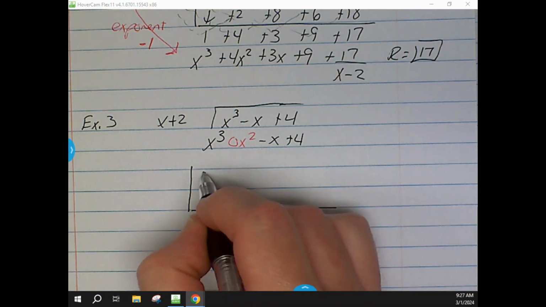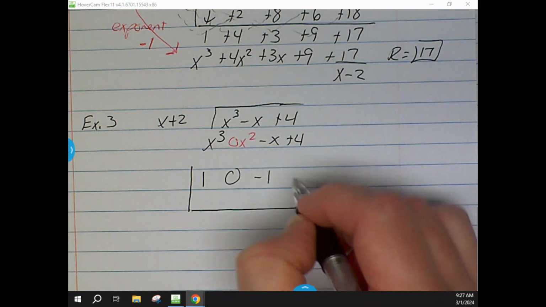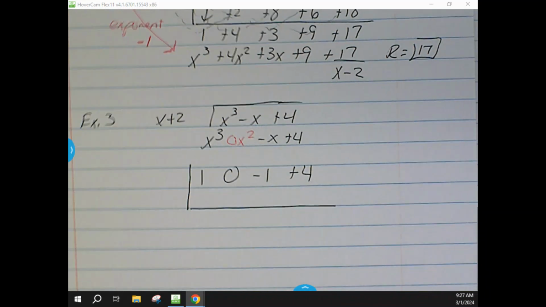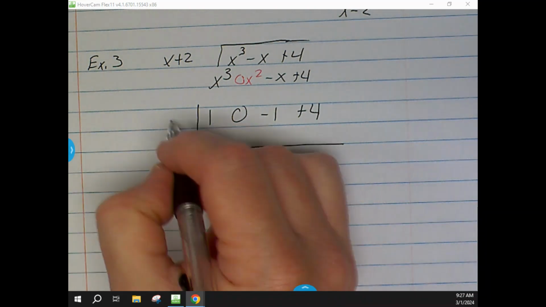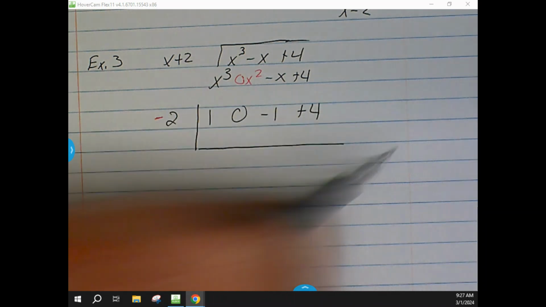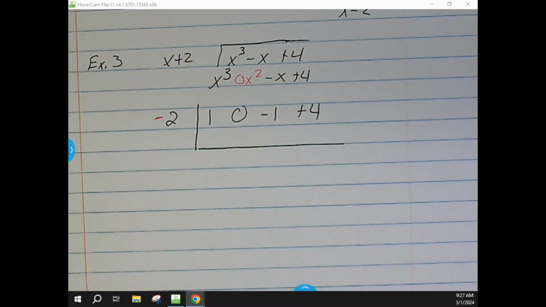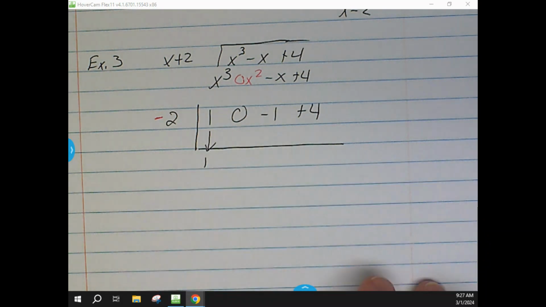So it's 1x to the third, it's 0x squared, it's a negative 1x, and a positive 4. Okay, the 2 on the outside, change it from positive 2 to a negative 2. Drop it down on the first one.